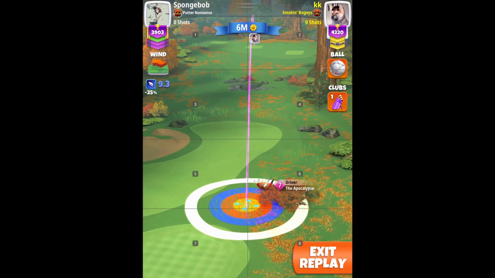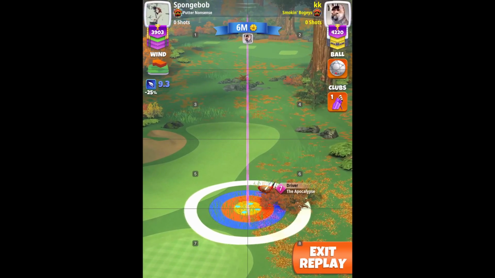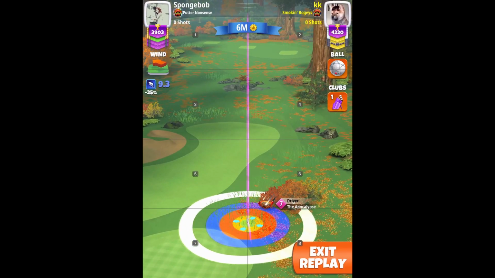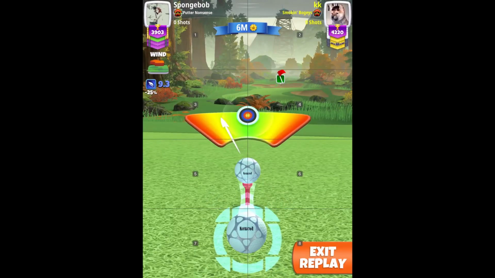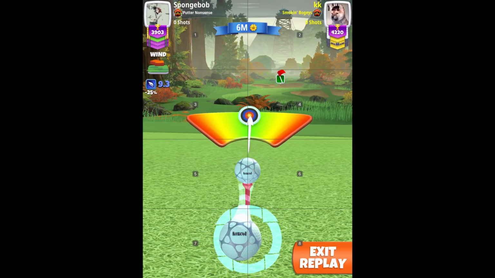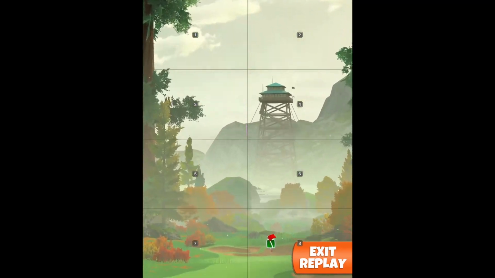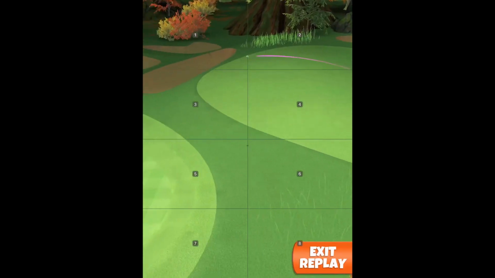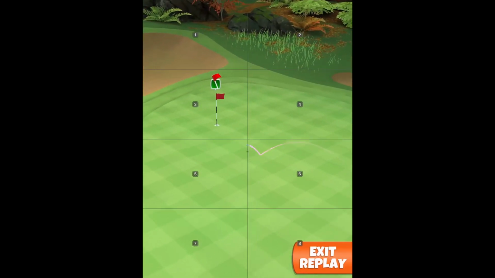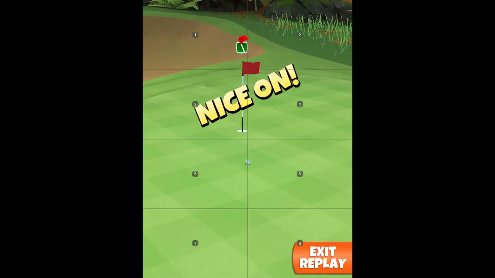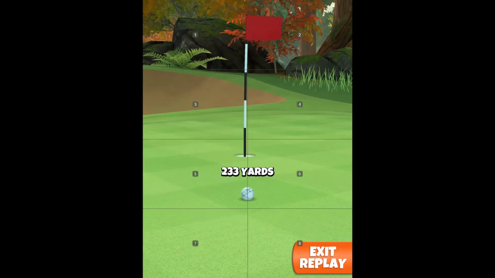Then I'm going to push up about 2 rings. And I did about mid circle left curl, which was a little too much left curl, and it looks like it just needed a little less backspin.